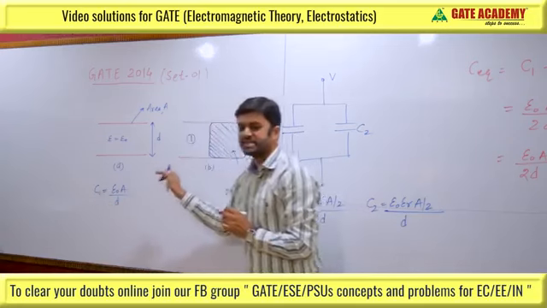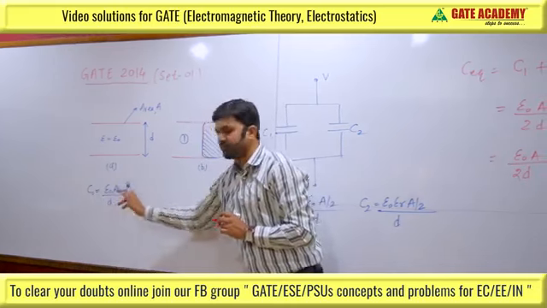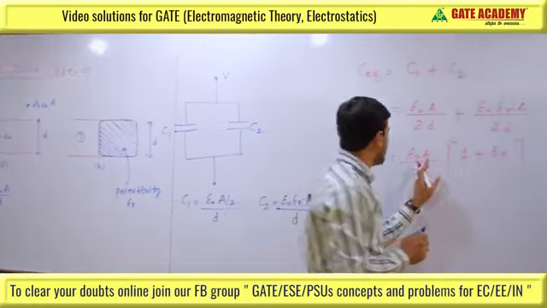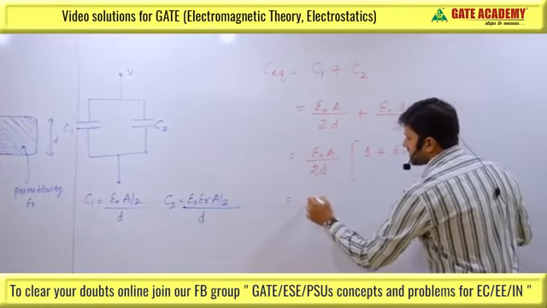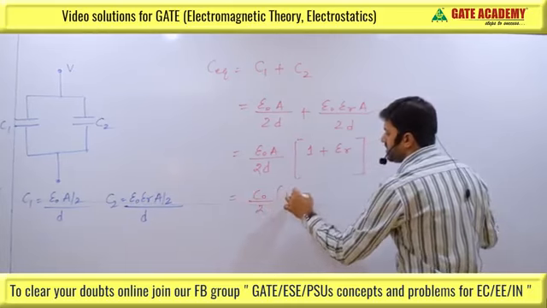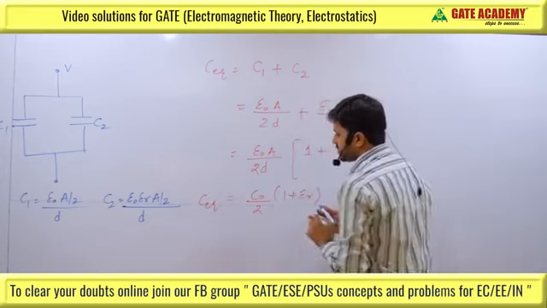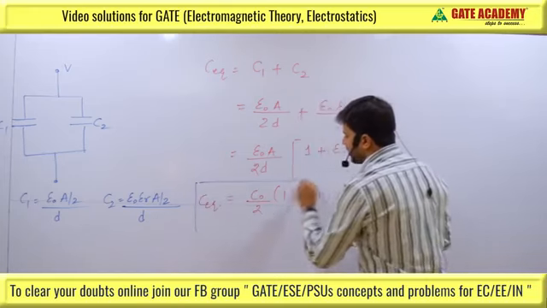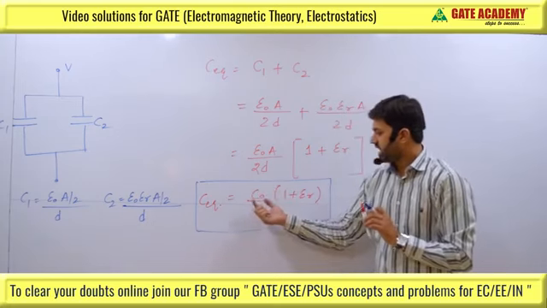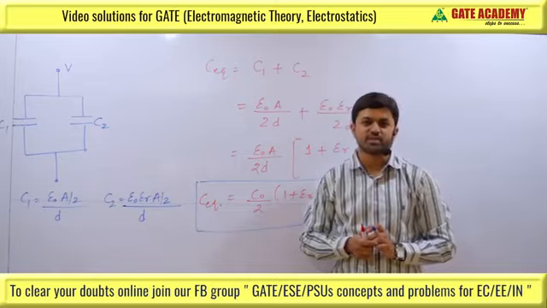C naught is the capacitance for figure A, which is epsilon naught A upon D. So in this equation, epsilon naught A upon D can be written as C naught, giving C naught divided by 2 times 1 plus epsilon R. So the capacitance for figure B is C naught by 2 times 1 plus epsilon R. Hence the correct option is option A.